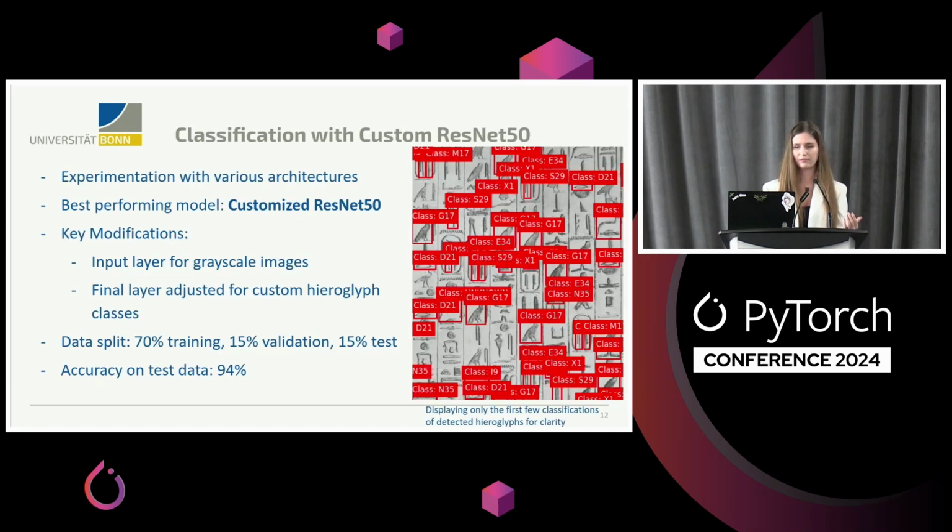The final classification model that I ended up using was the result of extensive experimentation with different architectures and configurations of ResNet. The best performing model was a customized version of ResNet 50, in which the key modifications that I applied were first that I changed the input layer to only accept grayscale images, and secondly, I changed the final layer to be adjusted for the custom amount of classes of Gardiner Codes appearing in the dataset.